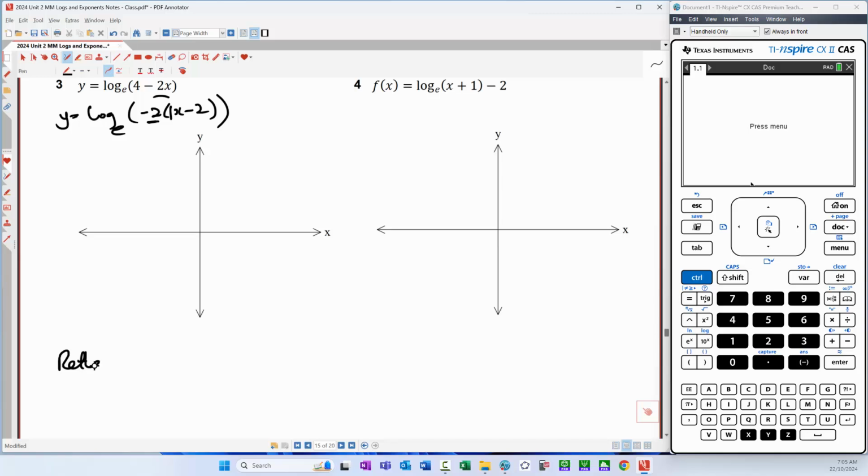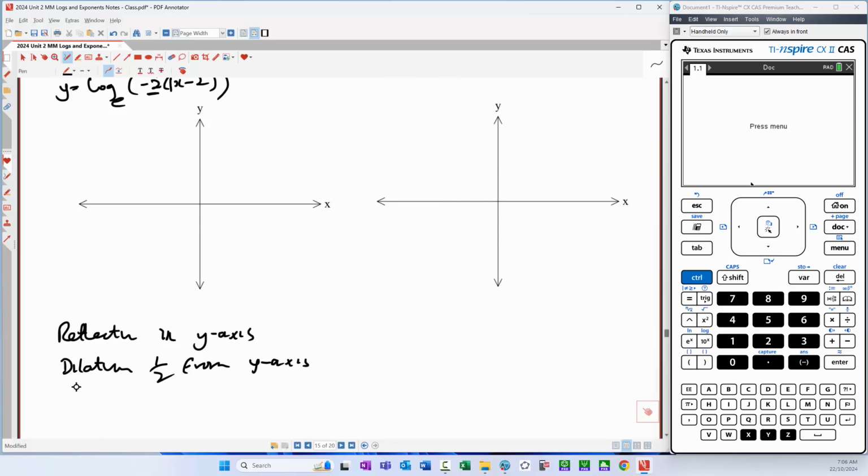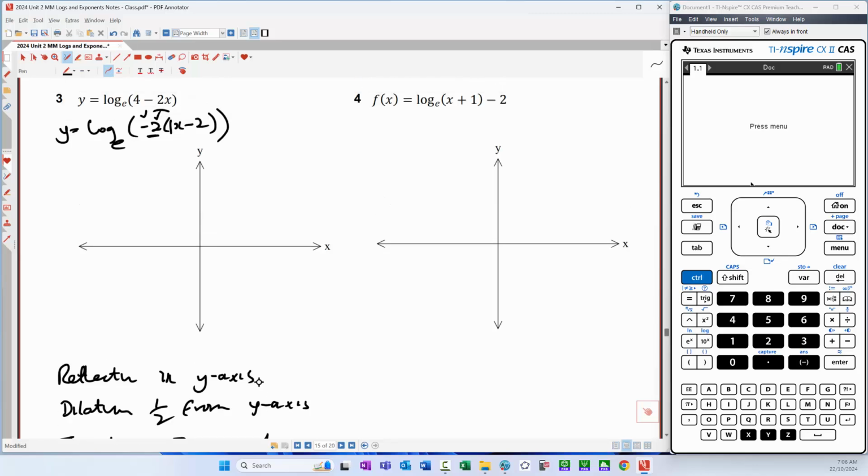So we can say reflection in the y-axis, okay, so that's that thing there. We can say dilation by a half from the y-axis, so that's the 2 there, and then we can say that x take 2 is a translation 2 units to the right.